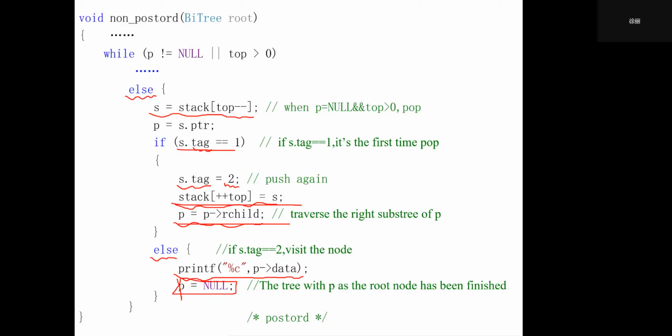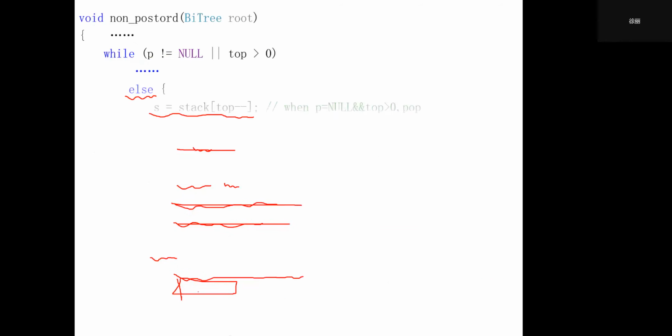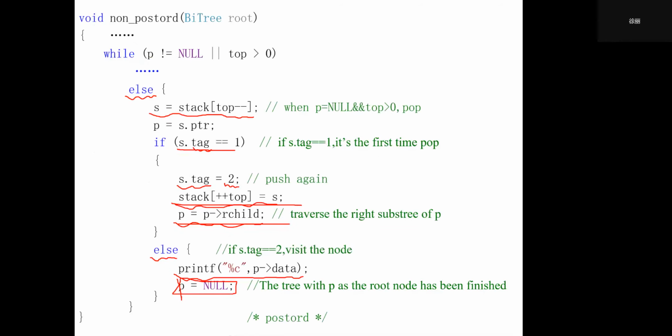So now you need to get the nodes from the stack, so you need to write p equals to none. Then next loop, you can come to this branch because we need to pop from the stack.